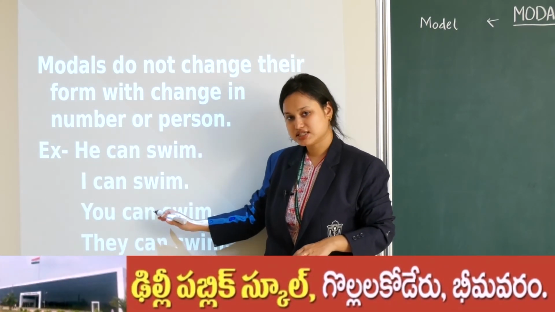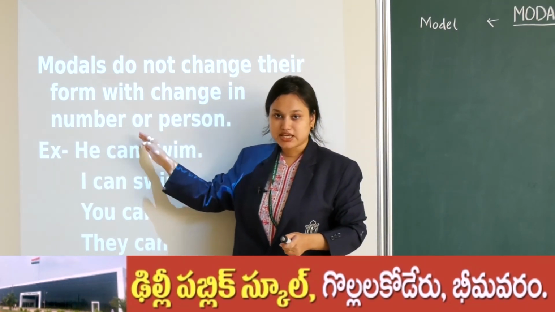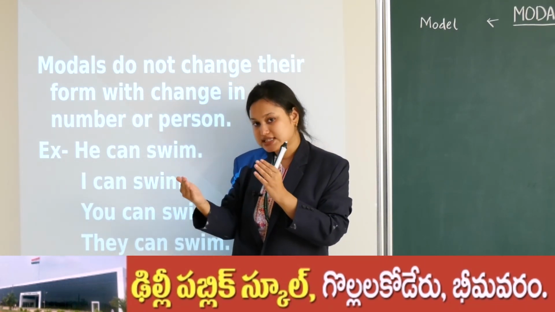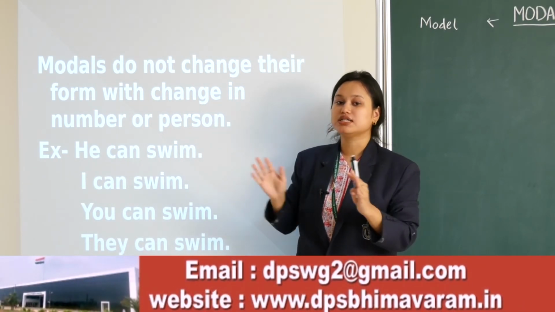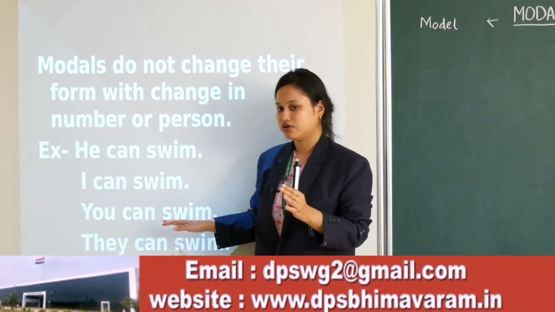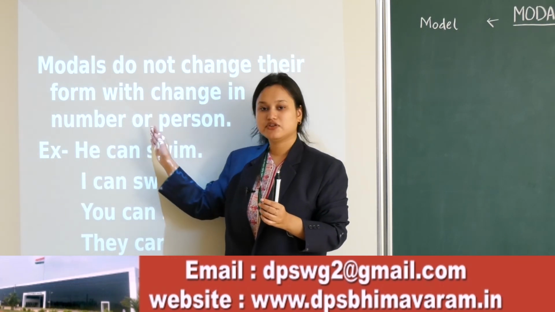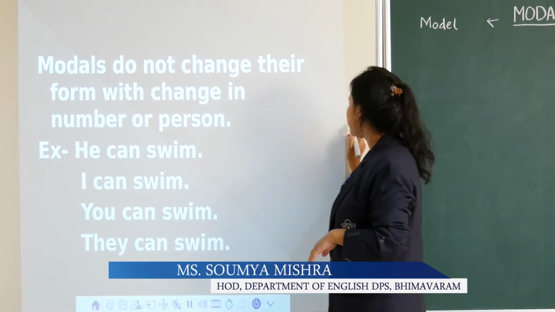Are there any changes in modal? No. So even if we change the number of the subject from 1 to 100 or 1000, modal will not change its form. Can will be can only, alright. And even if we are changing the person, it will also not change, right.